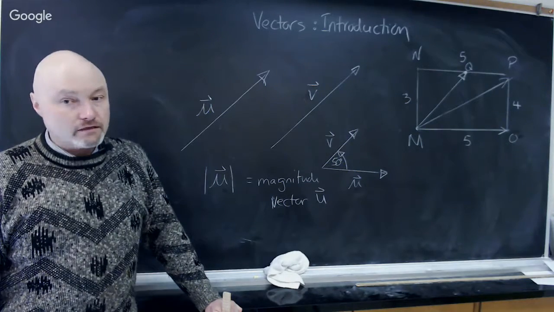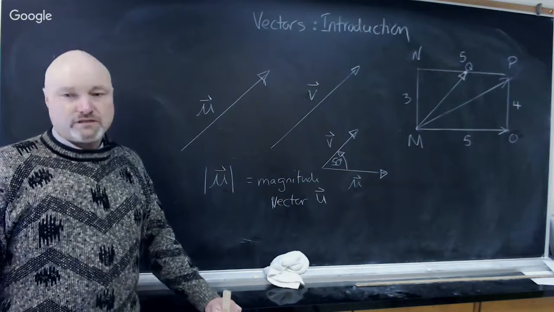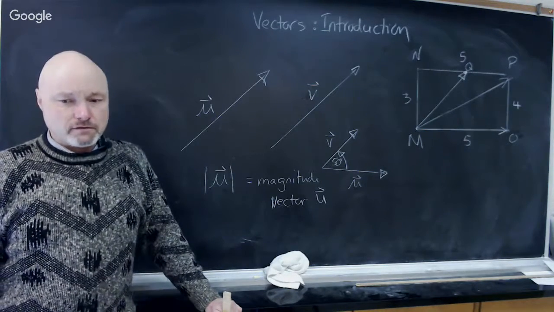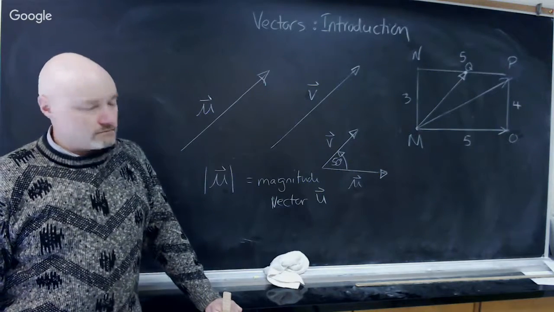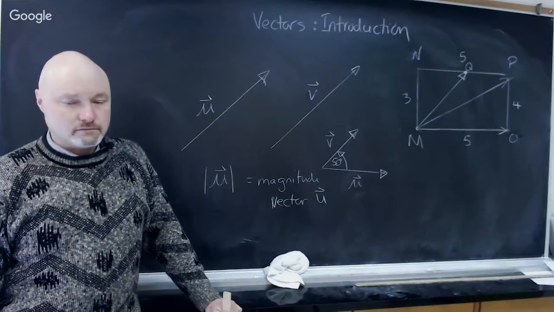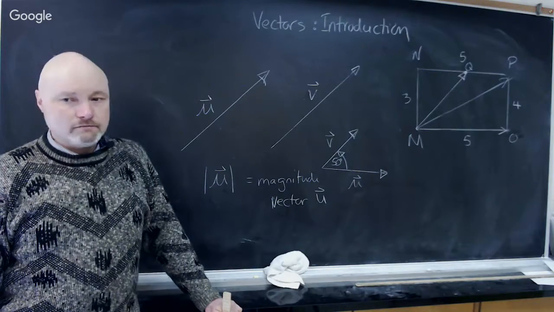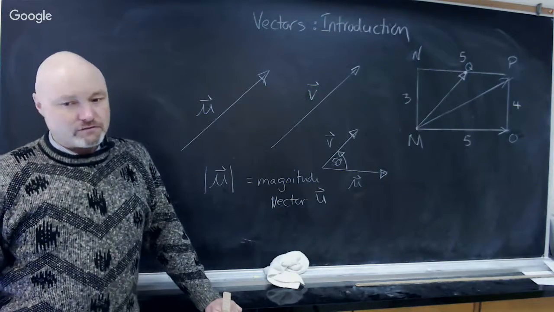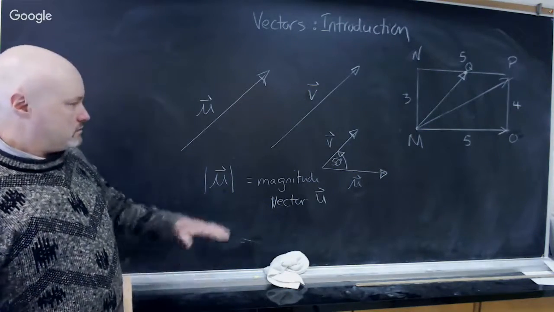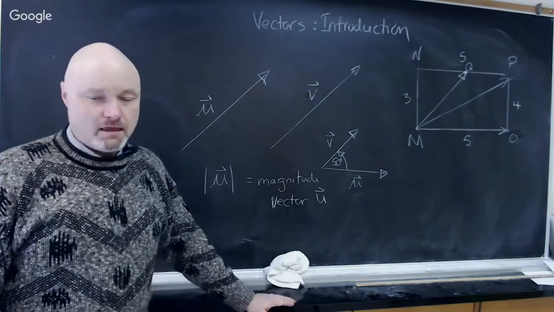And then there's the concept of the unit vector. The unit vector is just a vector in the same direction that has a length of 1 unit. Multiplying a vector by a scalar, if it's 3 times u, you wind up with something that's 3 times as long.